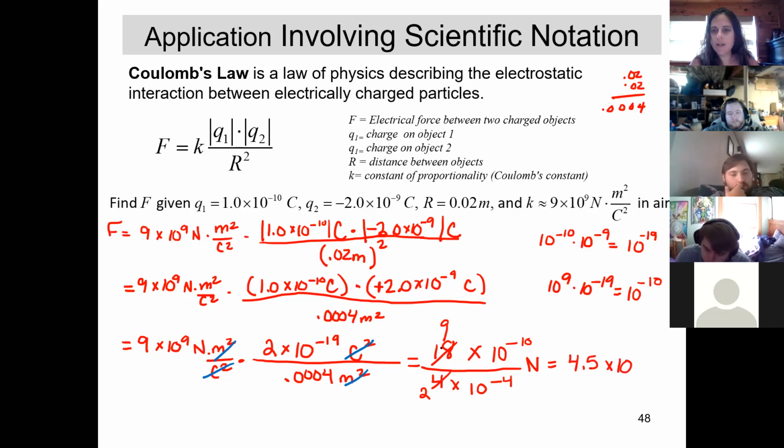Times 10 to the, now we got to figure out what happens here. When I'm dividing, I'm going to use this space over here. So you have 10 to the negative 10 divided by 10 to the negative 4.